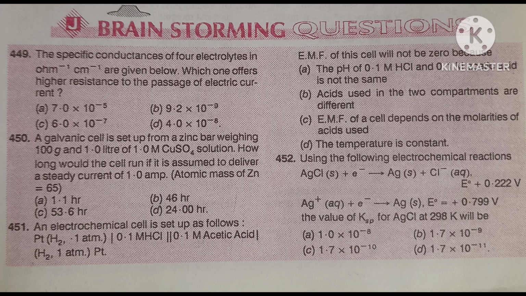Then 100 divided by 65 gives you 1.53 mole. You have divided mass by atomic mass, and you got the number of moles, that is 1.53 mole. This is the first work you have done.